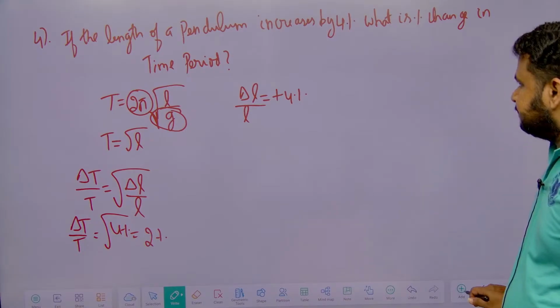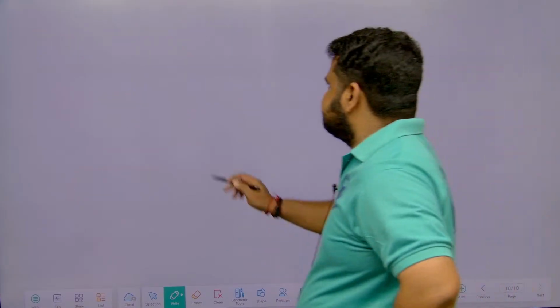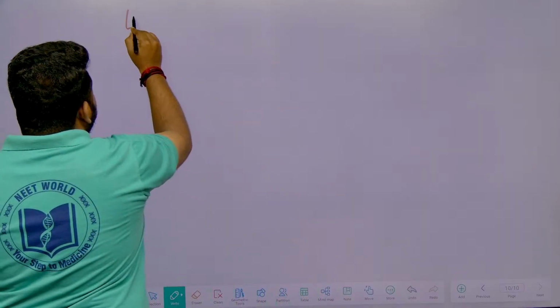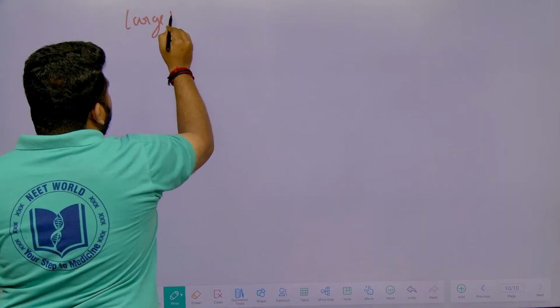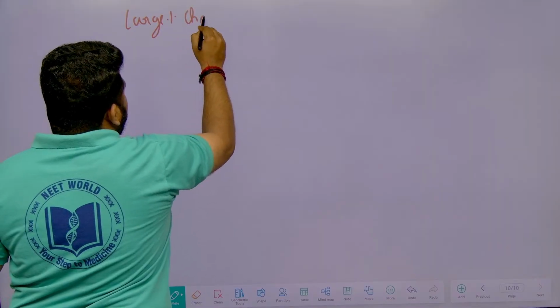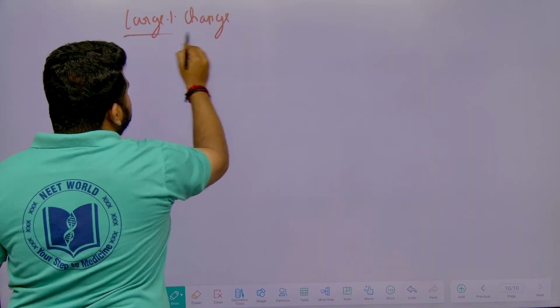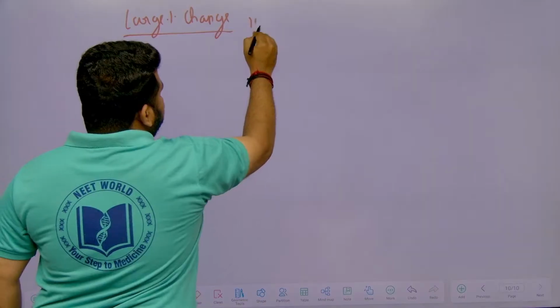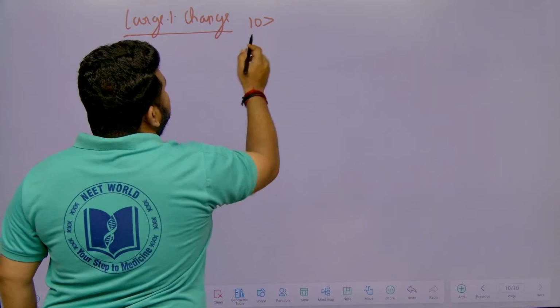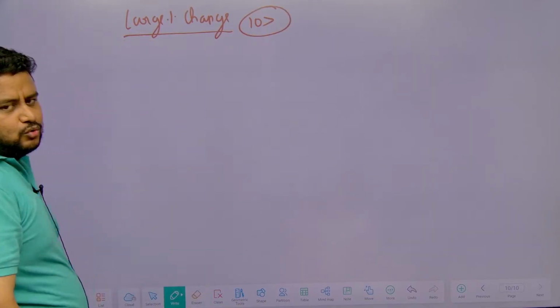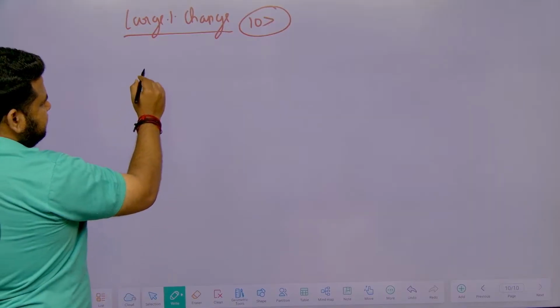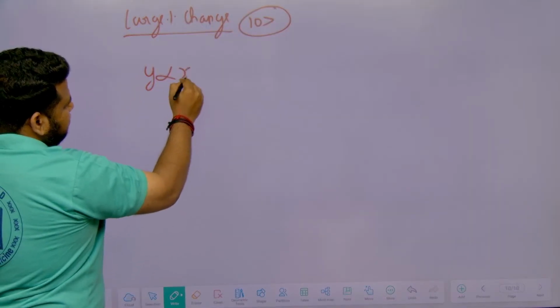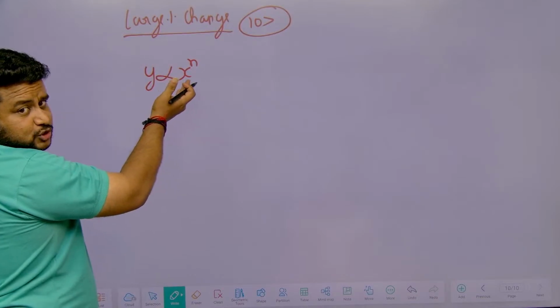Okay. Next one, if there is large percentage change, what do we have to do? If there is large percentage change, that means 10% and above, what to do? See here also y is a function of x to the power of n, that is, y is directly proportional to x to the power of n.